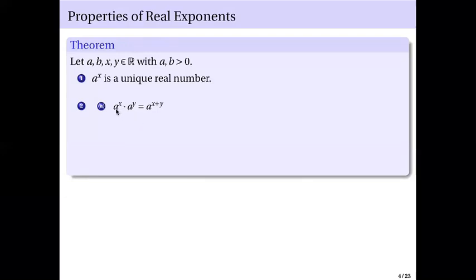You have the same base. You have a to the x times a to the y, so same base. What you can do is just add the exponents. So this is the same as a to the x plus y. Also, if you have a to the x divided by a to the y, this is a raised to x minus y. And then if you have a to the x to the y, this is the same as a to the xy.